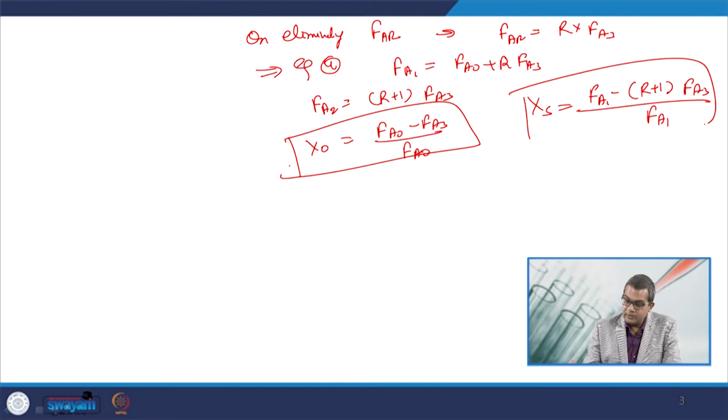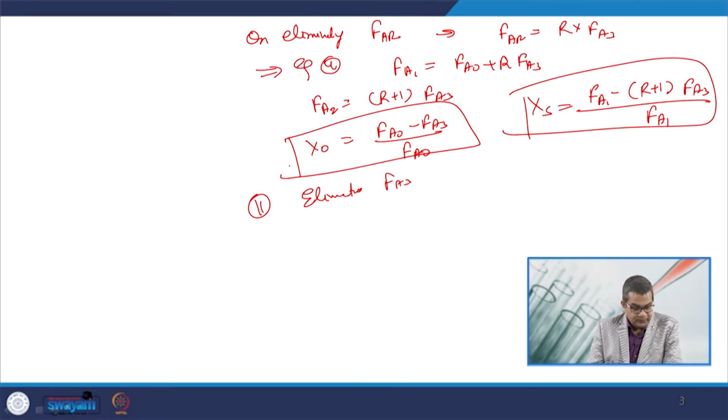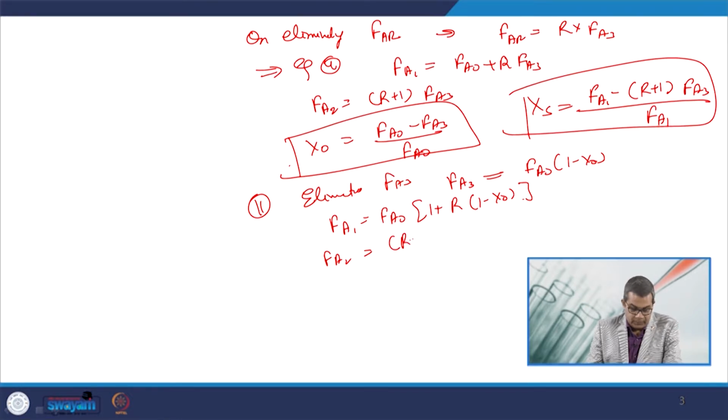Now, in the second step, if we try to eliminate FA3, FA3 can be given as FA naught (1 minus X naught), FA1 is equal to FA naught (1 plus R (1 minus X naught)), and FA2 is equal to (R plus 1) FA naught (1 minus X naught).